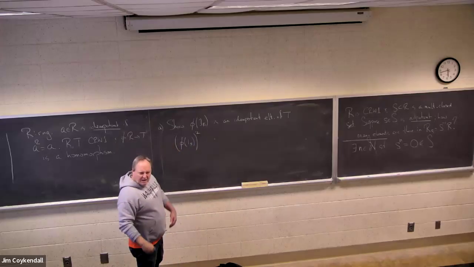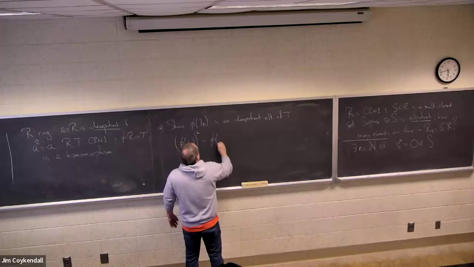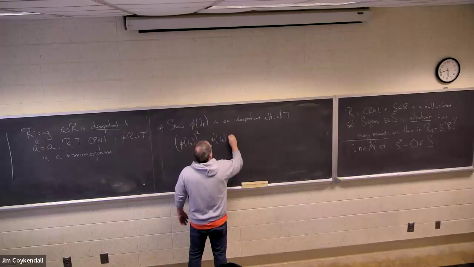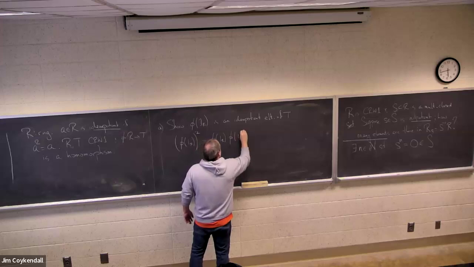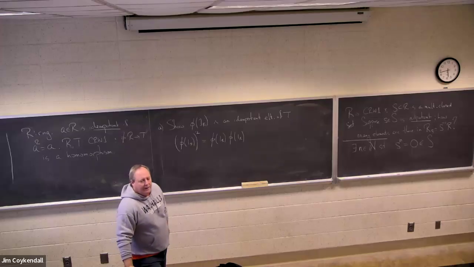That's what phi of 1R squared is. Now what can I do? Any ideas on the next step here?